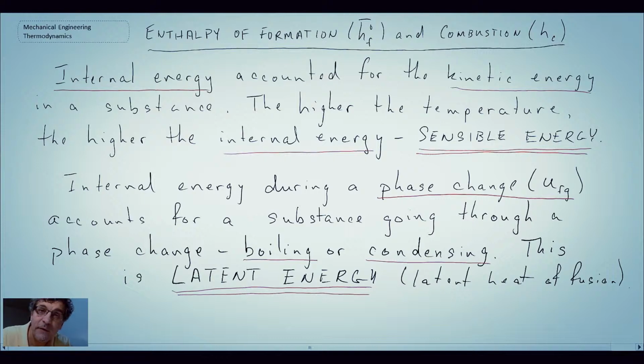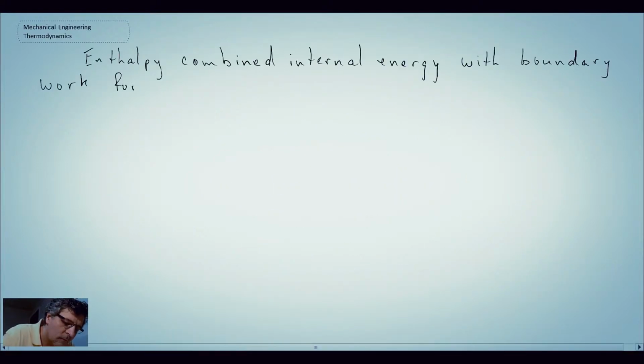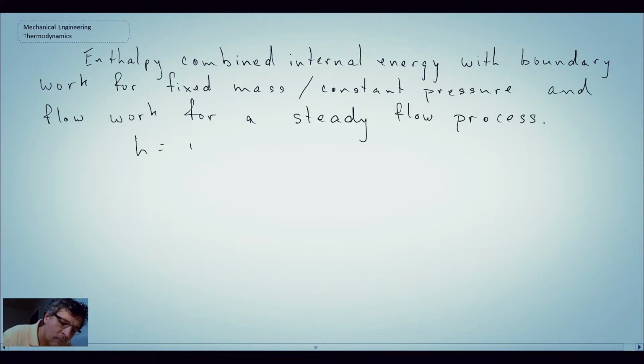The next thing that I'll do is take a look at enthalpy. So when we looked at enthalpy, we saw enthalpy applied to a fixed mass system. And essentially what enthalpy is doing there is it accounts for both internal energy as well as boundary work.